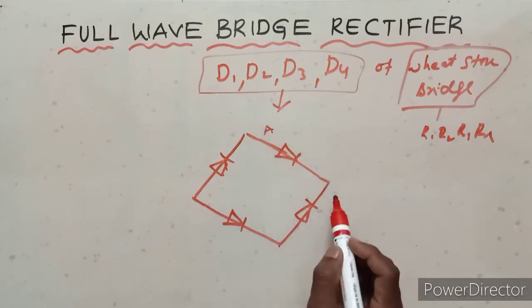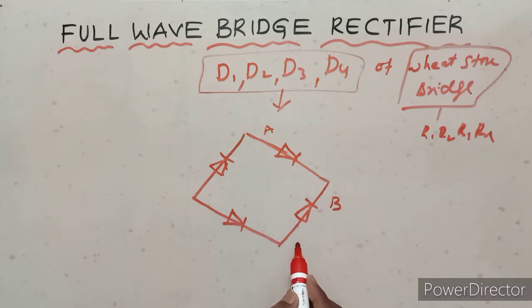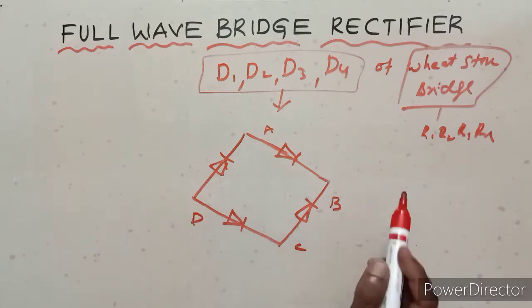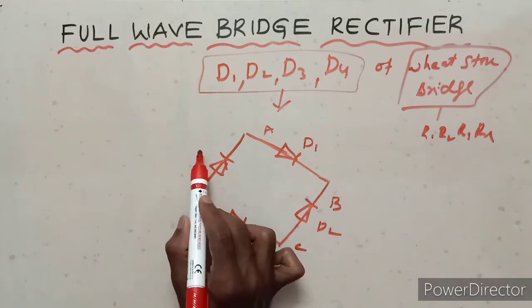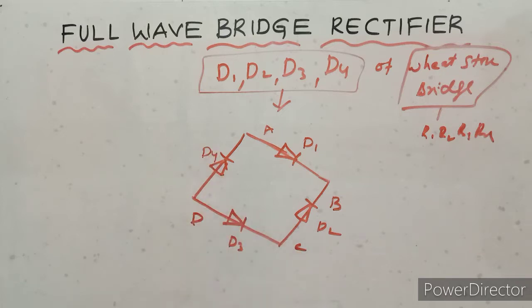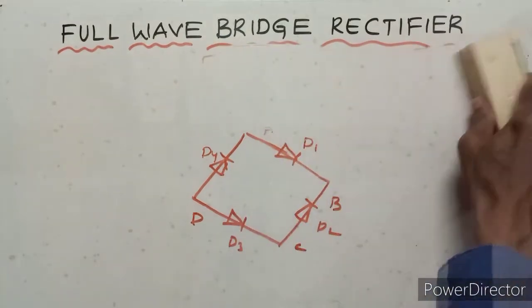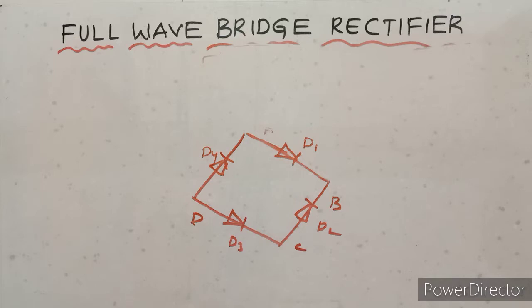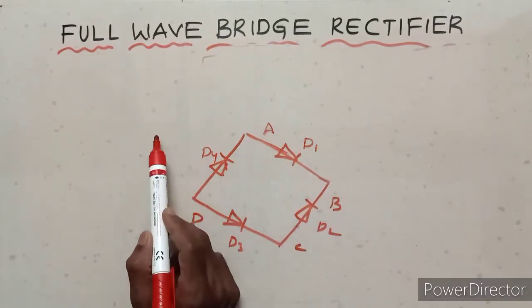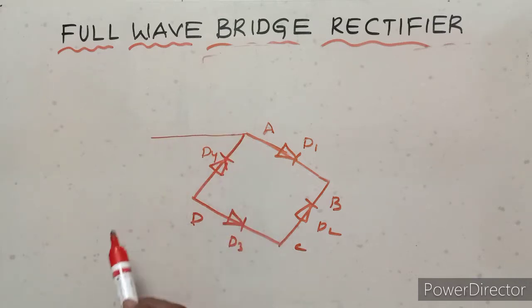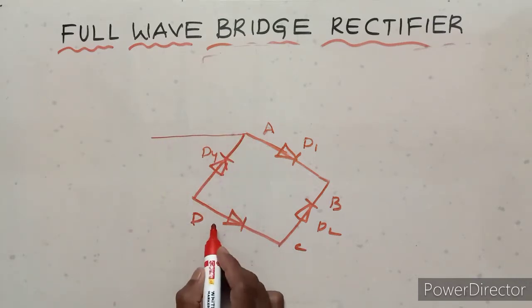These are the points A, B, C, D. This is the D1 diode, this is the D2 diode, D3 diode, D4 diode. The circuit consists of 4 diodes.